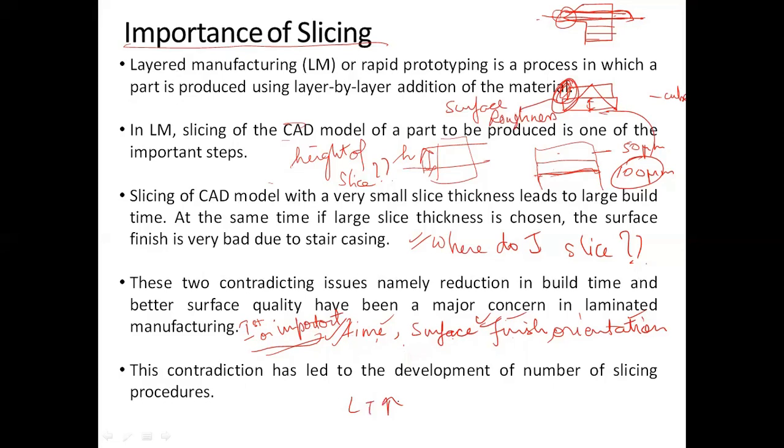Now, on the contrary, suppose I am making a part which is a component of an assembly. Assembly means it has to fit properly, so the tolerance available to me is going to be very less. In that case, surface finish becomes my primary criteria.